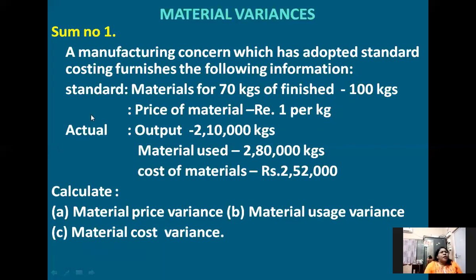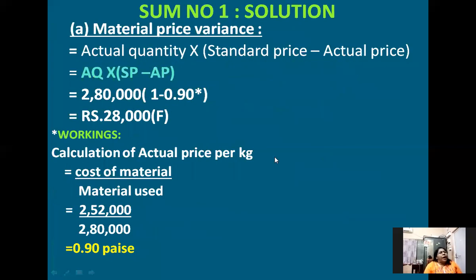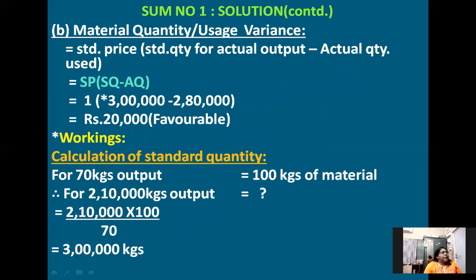Look at the workings: calculation of standard quantity for actual output. For 70 kgs of output, we need 100 kgs of material, so for 2,10,000 kgs of output, which is the actual output, it equals question mark. If you do the cross multiplication, you will find the standard quantity is 3 lakhs kgs. This is how I calculate the standard quantity for actual output.